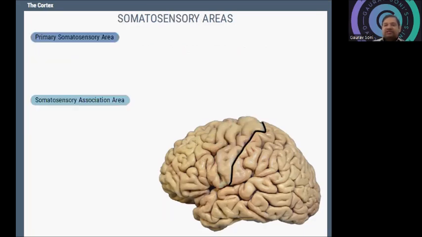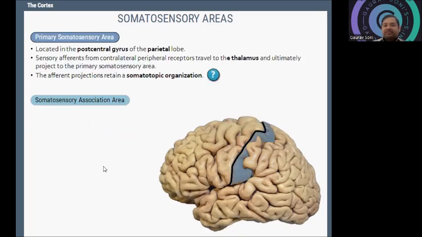Next, we are going to study the somatosensory area: the primary somatosensory area and the somatosensory association area. The primary somatosensory area is located in the postcentral gyrus of the parietal lobe. You can see the blue color, which is just behind the central gyrus. Sensory afferents from contralateral peripheral receptors travel to the thalamus and ultimately project to the primary somatosensory area.